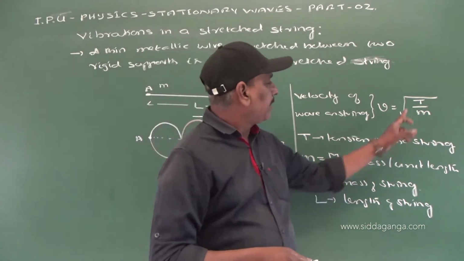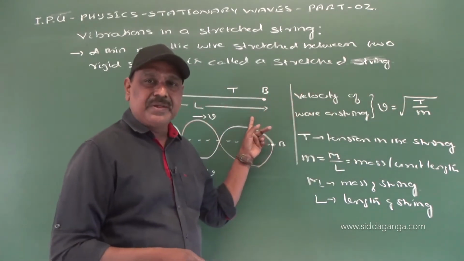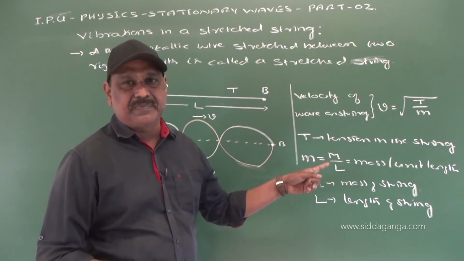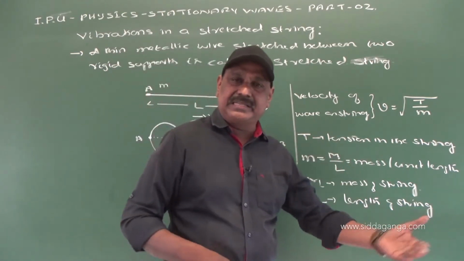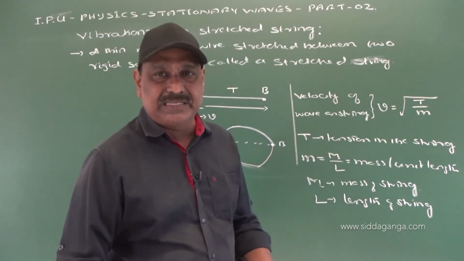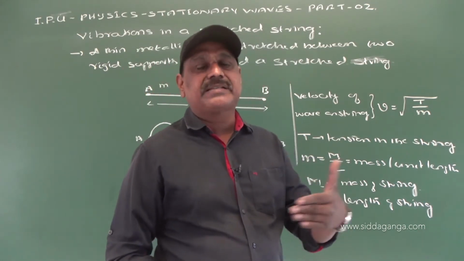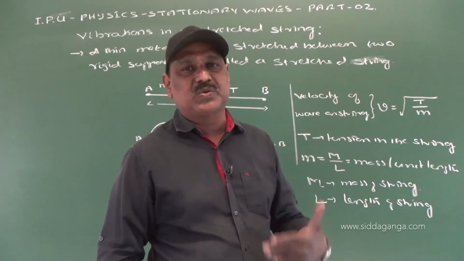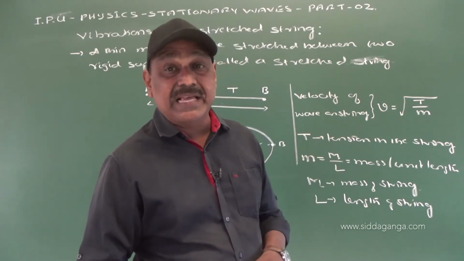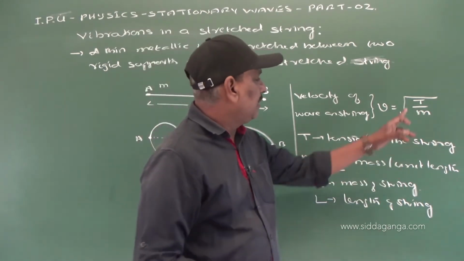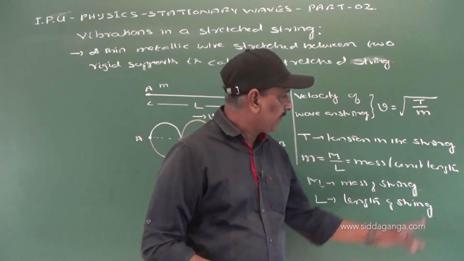Here, since this is a wire, when a wire is stretched, the stress is longitudinal stress, the strain is longitudinal strain, and the elastic constant, the ratio of stress to strain, is called Young's modulus. So T is tension in the string.